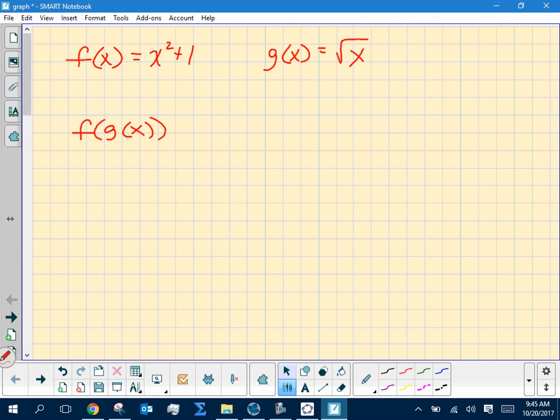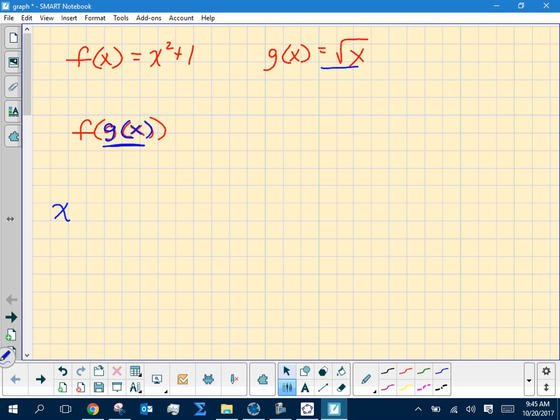My hope is that we realize that g is going to be a very important function for f. F's output value, the final value that we get, relies on what this thing does to x, right? Let's say I have an x value of 9. When I plug it in there, it gives me back what? 3, okay?